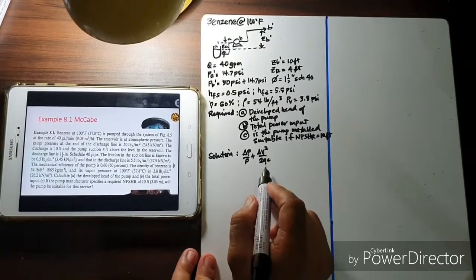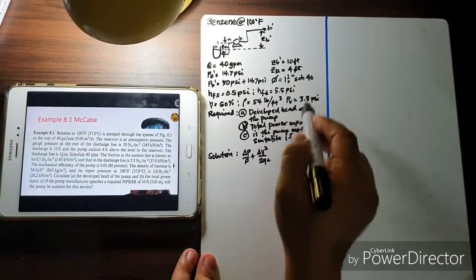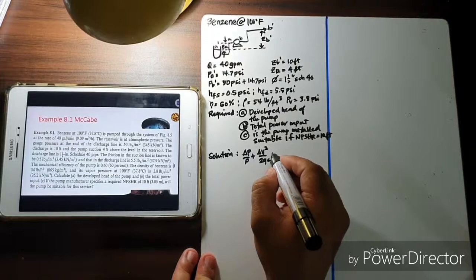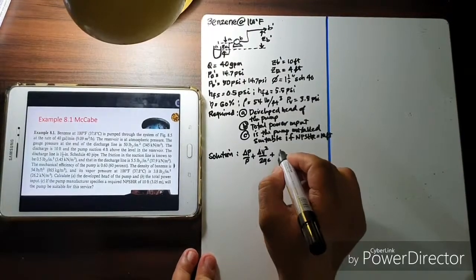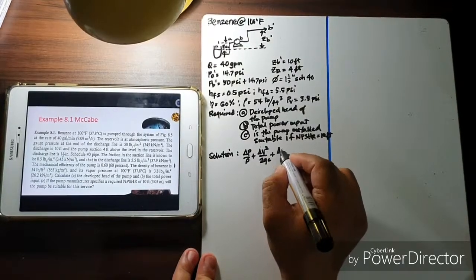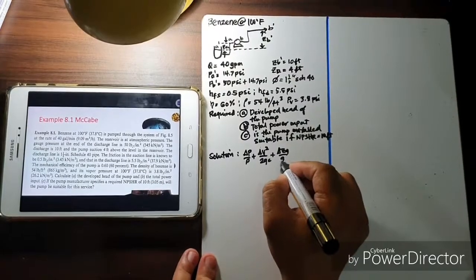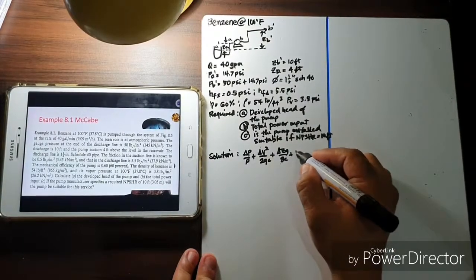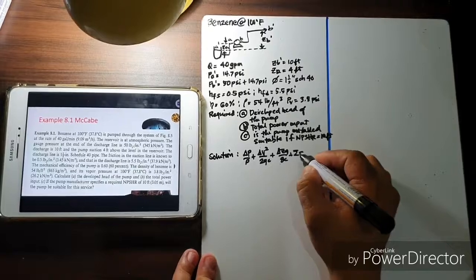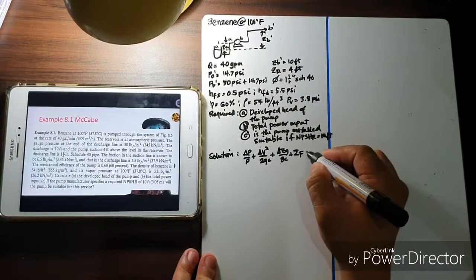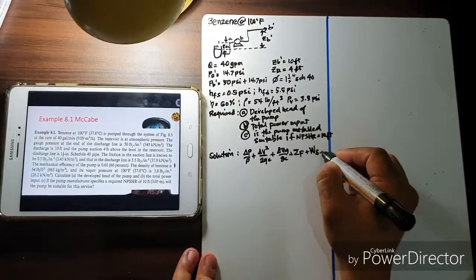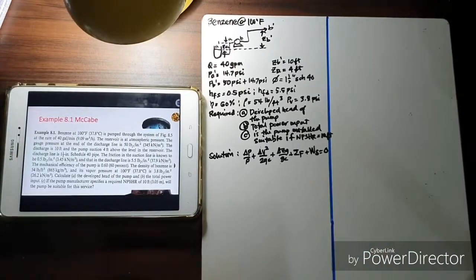We're using 2gc because all the units provided for us are in English, plus delta g z over gc plus the summation of all the friction losses plus, of course, the shaft work is equivalent to 0.